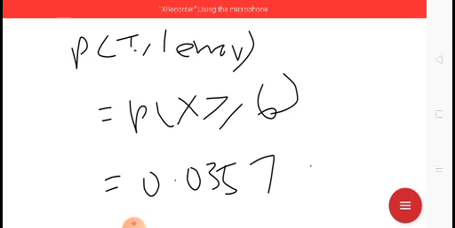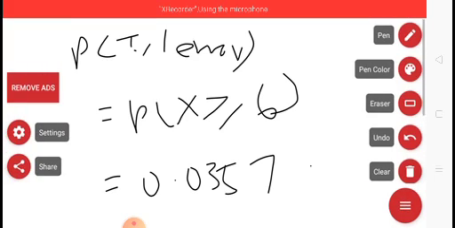Explain what is meant by type 1 error in this context. Okay, so you know that a type 1 error is you reject H0, but actually H0 is correct.